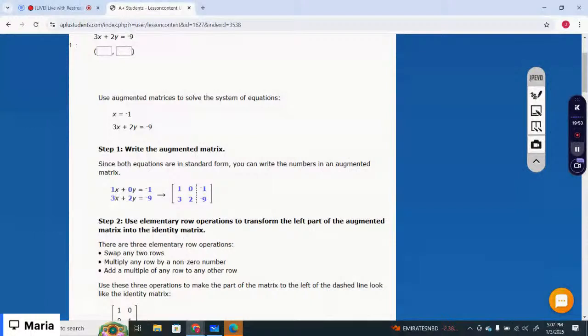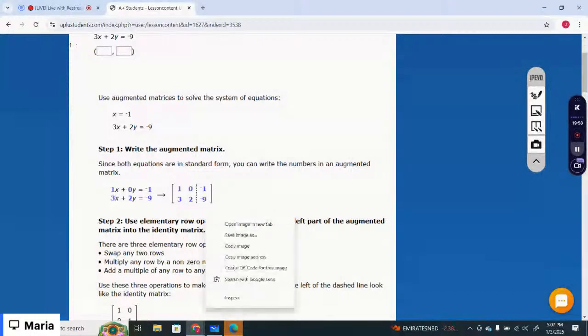So you can write the matrix as 1, 0, then negative 1, then 3, 2, and negative 9.